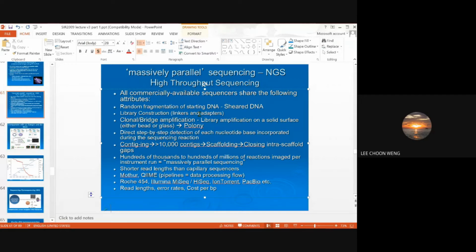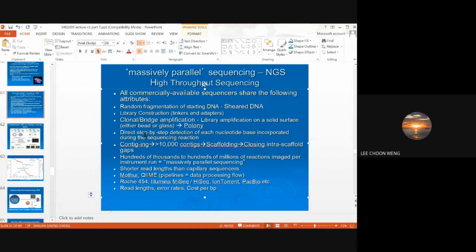Okay, so library construction. Then once they have done library construction, they start the library amplification. Now it's usually on a solid surface, either bead or glass. So beads usually for Roche 454, glass is for MiSeq HiSeq platforms. So this is also called clonal or bridge amplification.